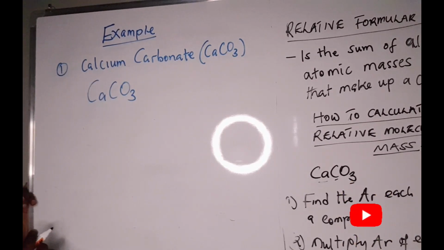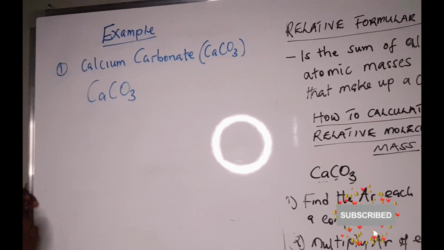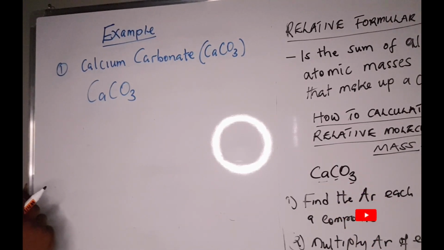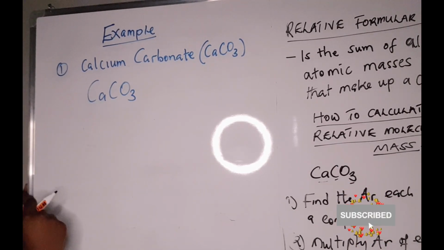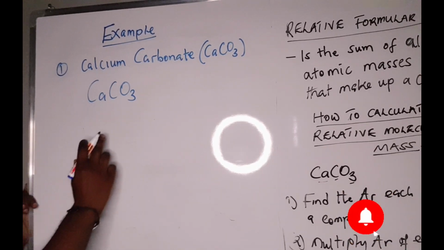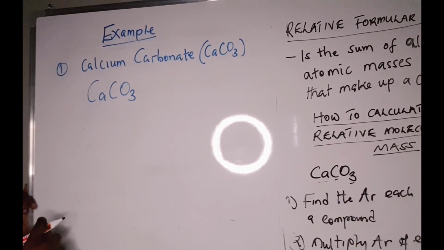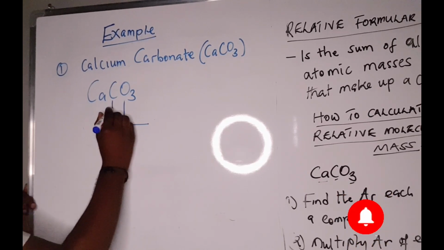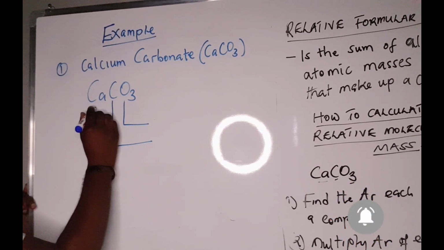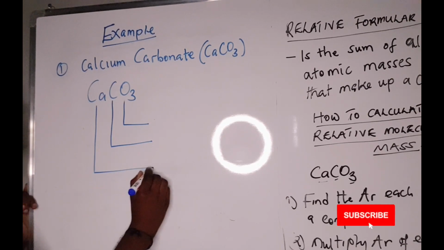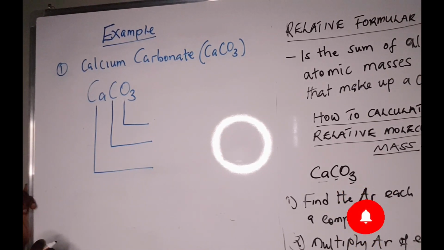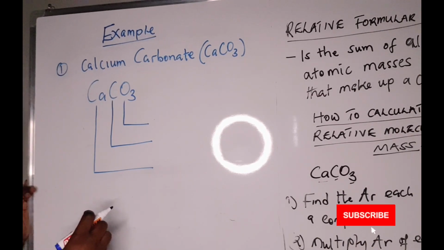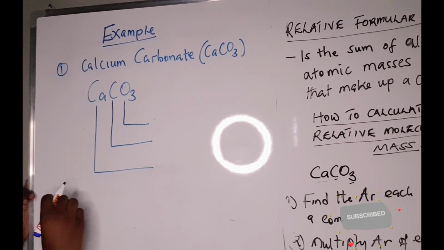In calcium carbonate, there is one atom of calcium, one atom of carbon, and 3 atoms of oxygen. As we are trying to determine the relative formula mass for calcium carbonate, we have already identified the atoms present.